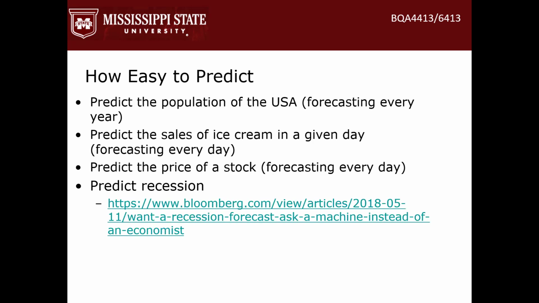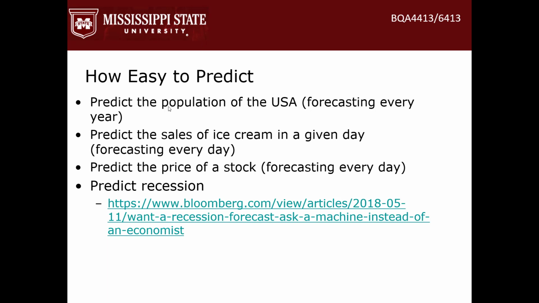Okay, so think of the following problems. I want you to predict the population of the USA, predict the sales of ice cream on any given day, predict the price of a stock, and predict a recession.